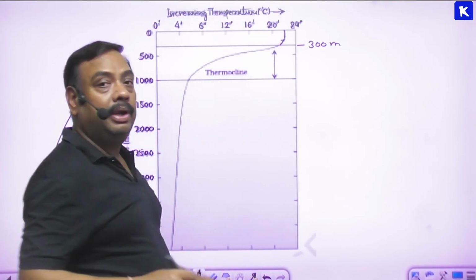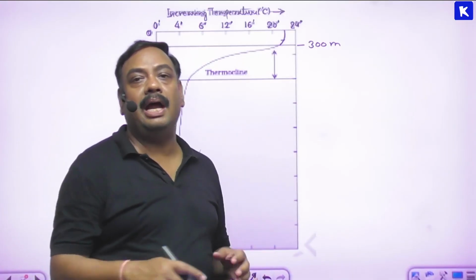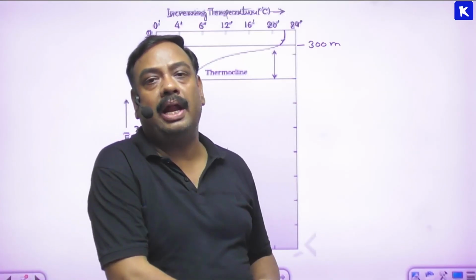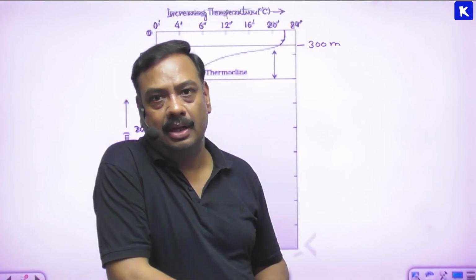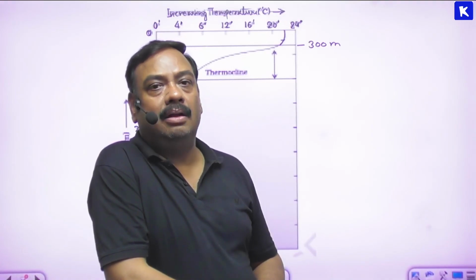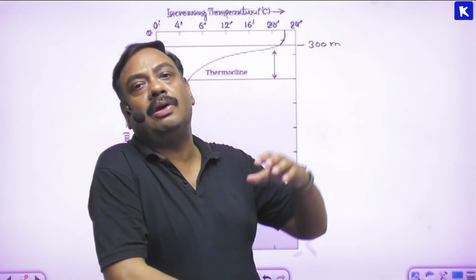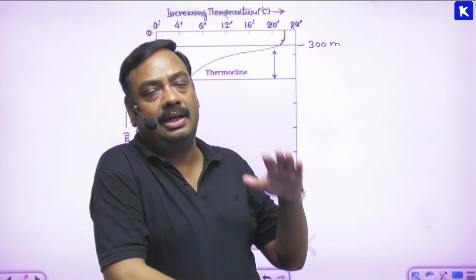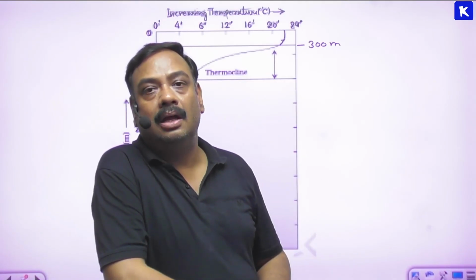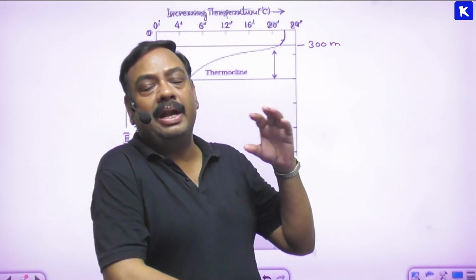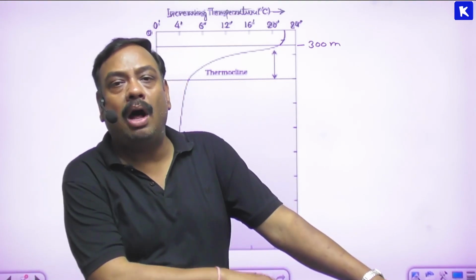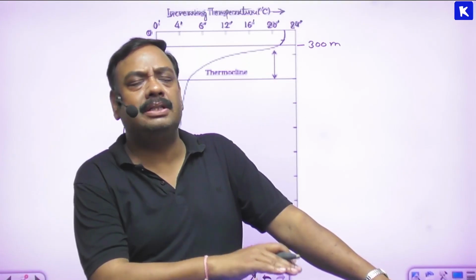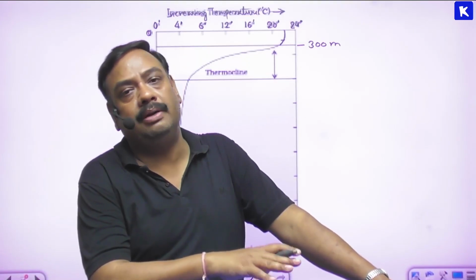If you recall, in the previous session, I told you about the photic zone and aphotic zone. I told you that when there is incidence of solar radiation on the sea surface, it is not restricted to the sea surface, it is able to penetrate the ocean water and go up to a certain depth. This depth is defined on an average as up to 200 meters.